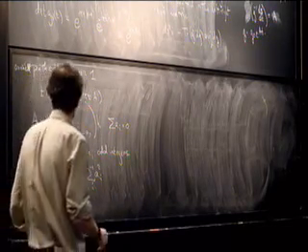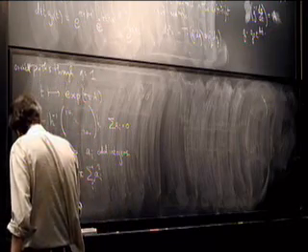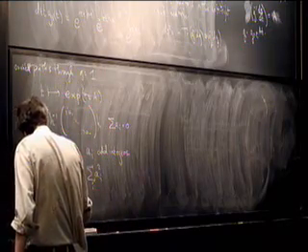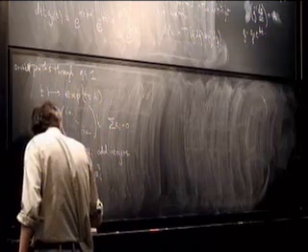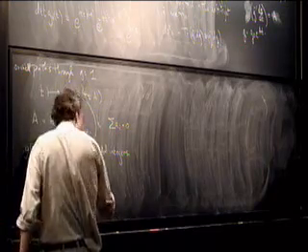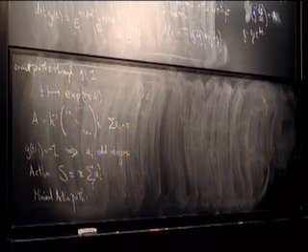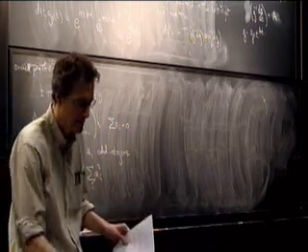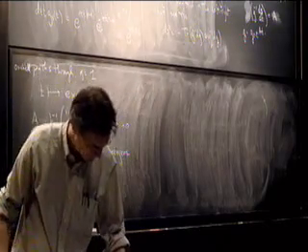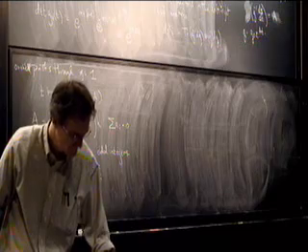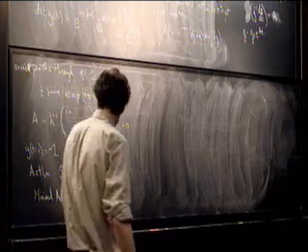So what's the minimal action path? You tell me. How do I minimize the action? Plus or minus 1, right?